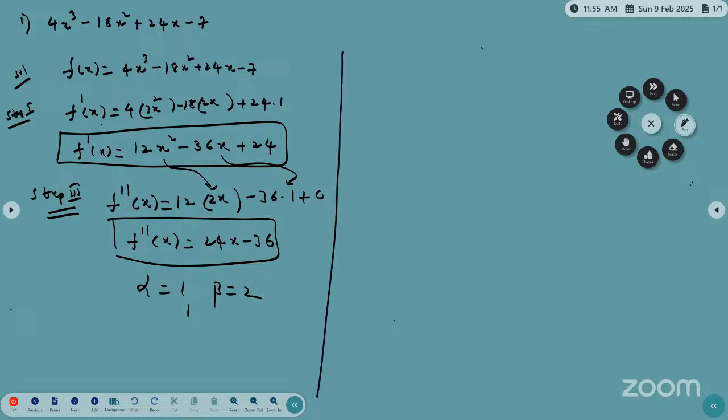Now, I'm going to the last stage. What is the last stage? Testing. What is f double dash of x? 24x minus 36. In the second derivative, what is the alpha? 1. I am putting x equal to 1.